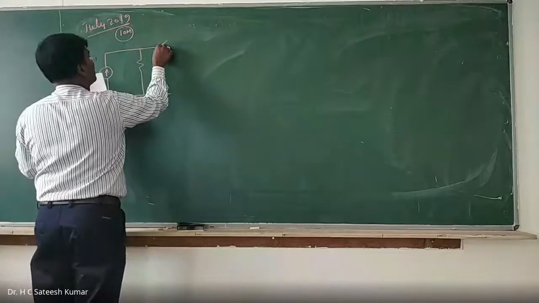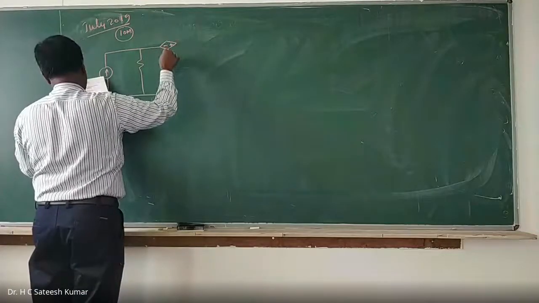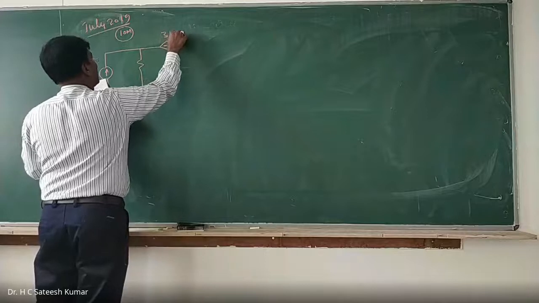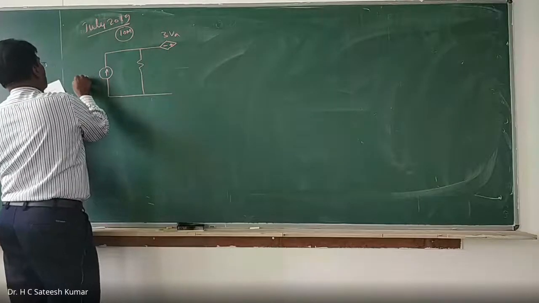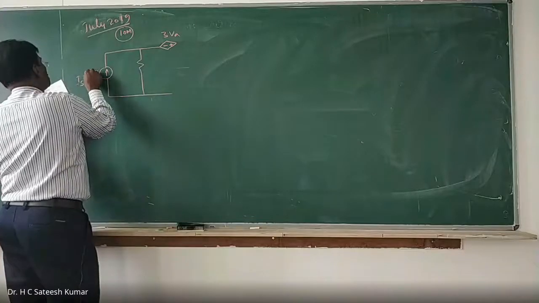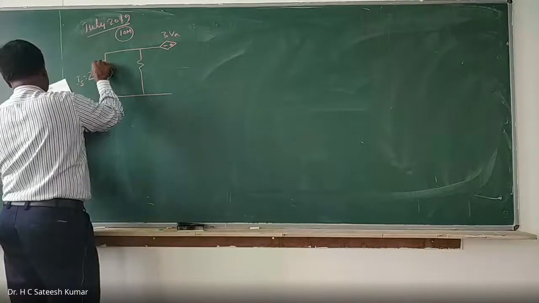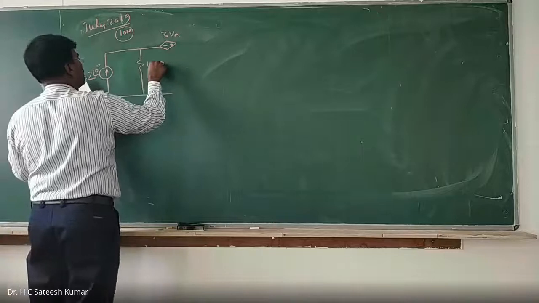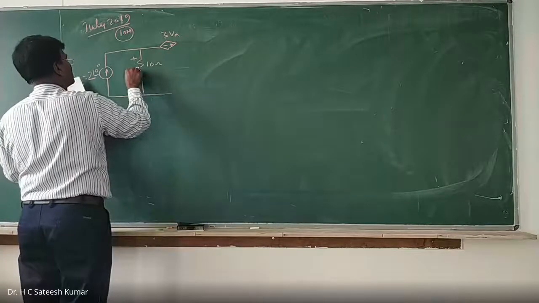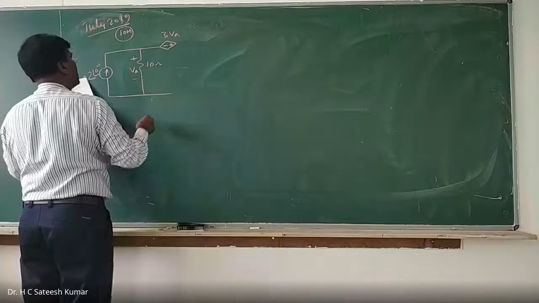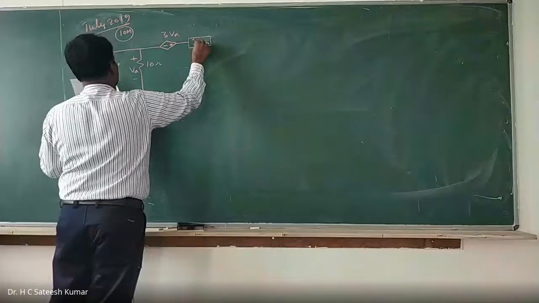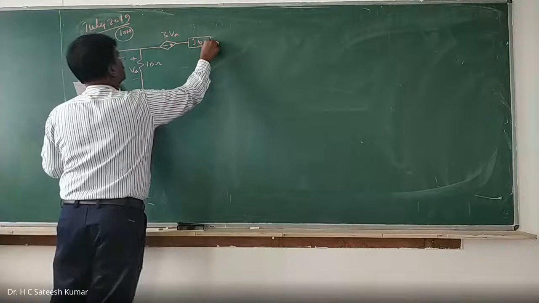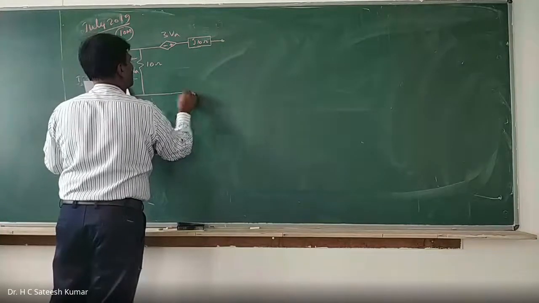This is the one: minus plus 3VA, and this is your IS, source current 2 at an angle of 0 degrees, and this is 10 ohms. This is plus minus VA, and here there is an impedance J10 ohms with terminals AB.